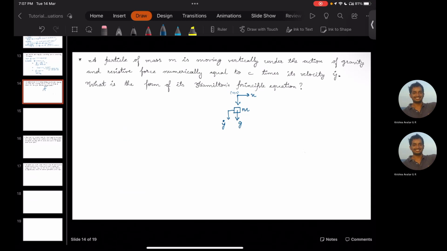Now, let's determine the total potential energy of the system.